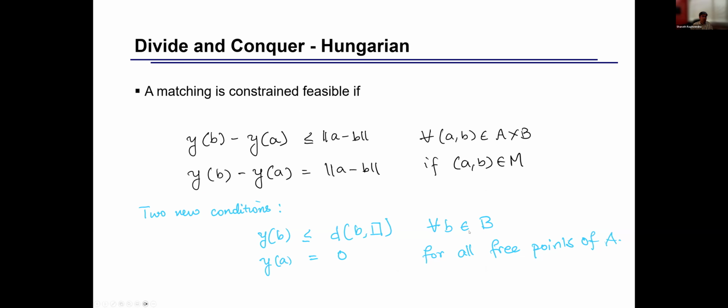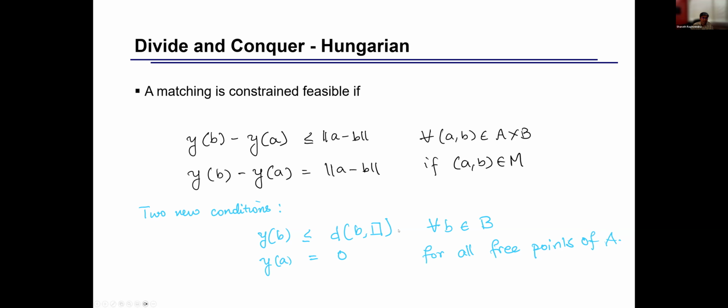And so in terms of the actual feasibility condition, in addition to the original feasibility condition, we have to add two more feasibility conditions. The first one is that we don't let the dual weight of any point of B go outside the subproblem. So this notation here, D of B comma cell, is simply the distance of the point to the boundary of the subproblem.